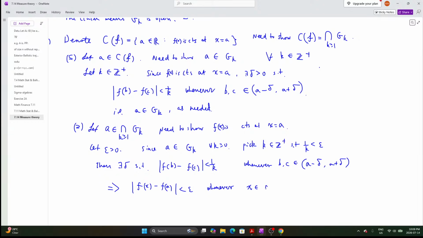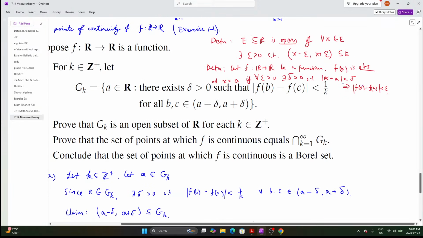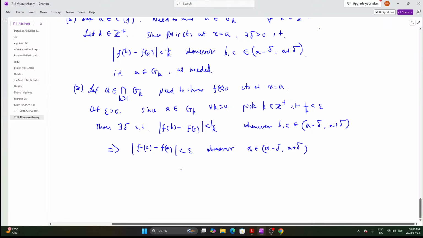Just need x in a minus delta, a plus delta. That is the same as saying absolute value of x minus a is less than delta. Therefore, f is continuous at x equals a as needed.